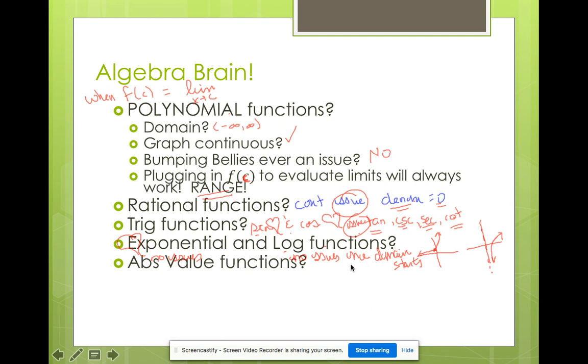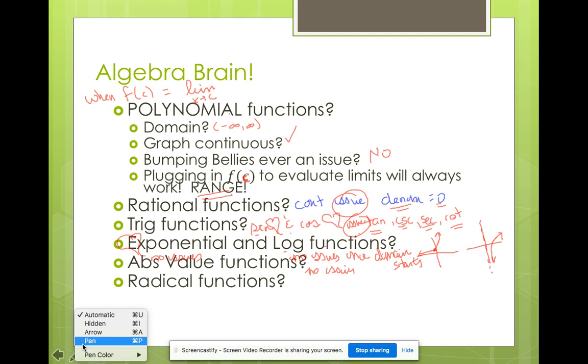Absolute value functions, no issues, right? Absolute value is continuous. Radical functions. Remember from your Algebra 2 and pre-cal experience, even radicals, so the square root of x, the fourth root of x, and so on, no issues once the domain starts.